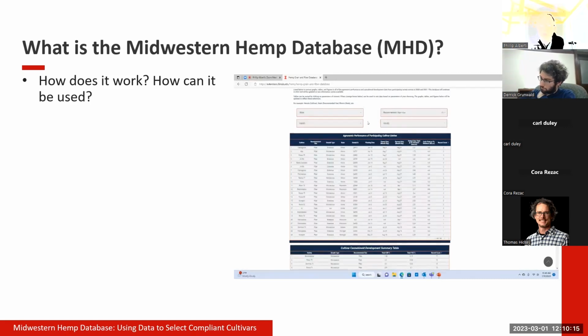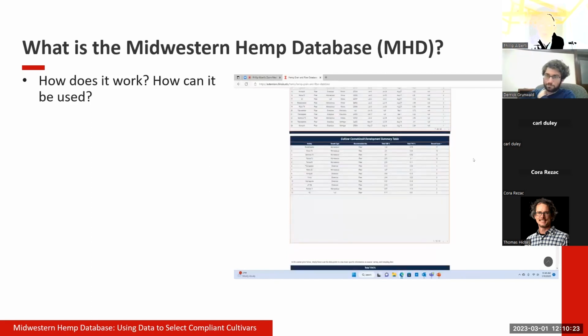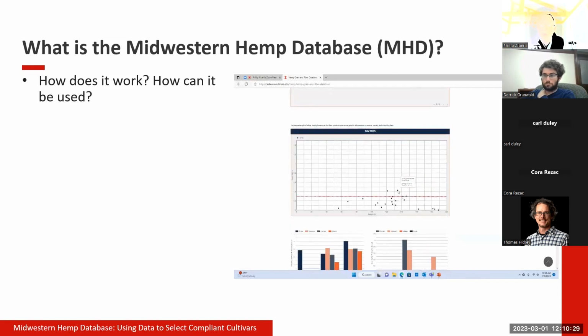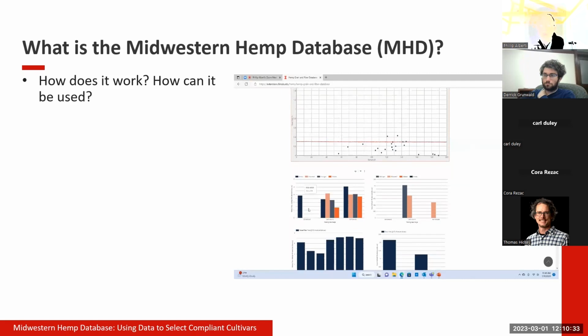You can look at a specific genetics provider, and then all of the information for that variety or for those selections that you've made will be updated in real time. This is true for both cannabinoid hemp, and grain and fiber. And we include data on cannabinoid performance, agronomic performance, summary statistics, and even some figures and images to really flesh this out.